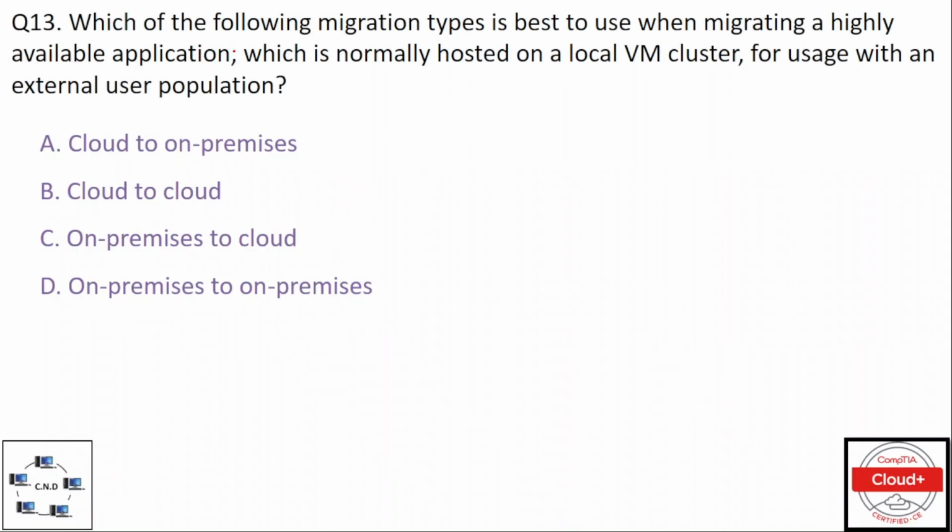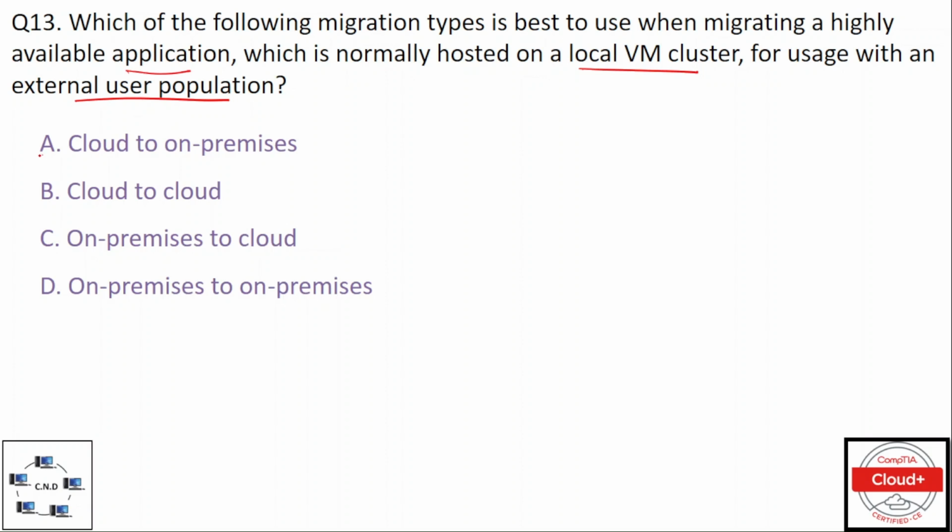Question number 13. Which of the following migration types is best to use when migrating a highly available application, which is normally hosted on a local VM cluster for usage with an external user population?